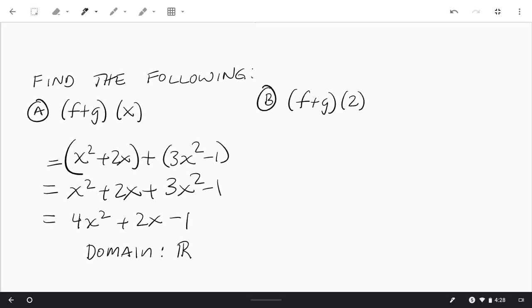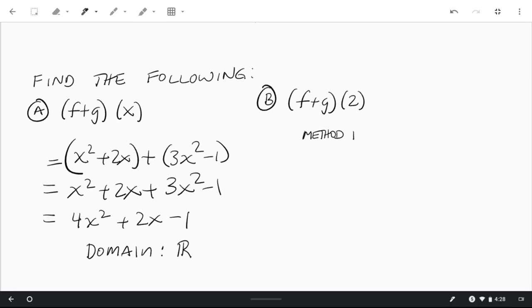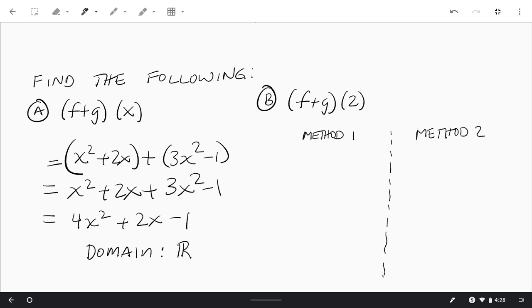We'll look at method 1 here, and method 2 over here. These two methods will be based on the properties that we just listed above.